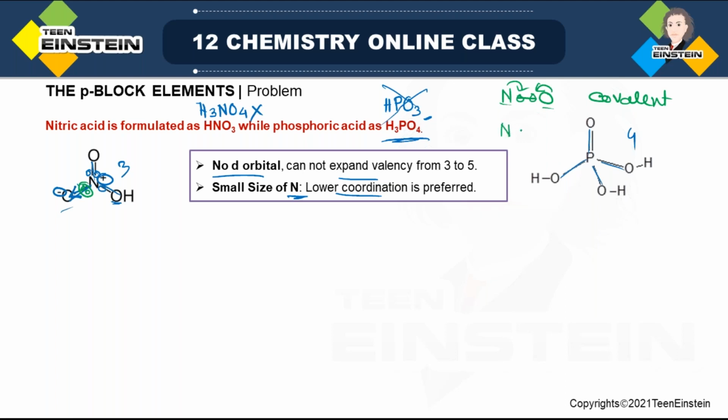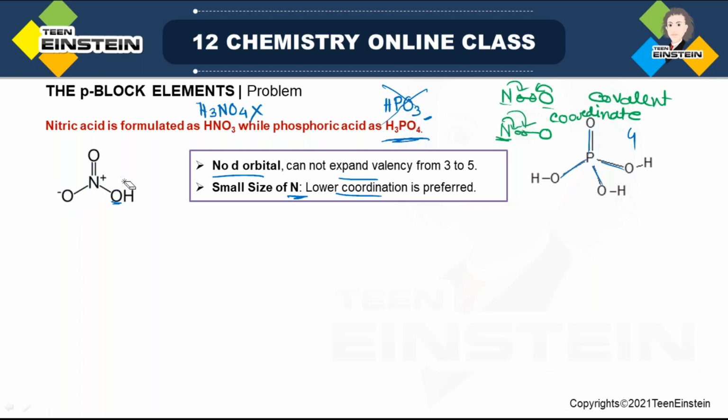But instead of this, suppose both the electrons are given by nitrogen, and after that it is just like a covalent bond. So this type of bond we will call a coordinate bond. Try to understand the difference. Here both are given by one atom only, and that is the reason nitrogen here is carrying positive charge and oxygen is carrying negative charge.